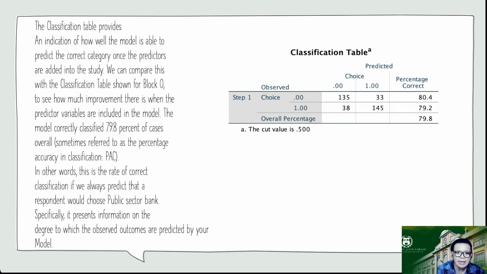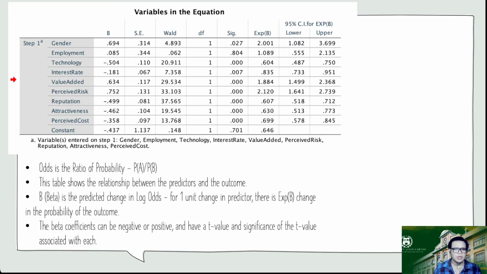Specifically, it presents information on the degree to which the observed outcomes are predicted by our own model here. But it's really not that significant in terms of its difference. But somehow people here would prefer those that are in the public sector.